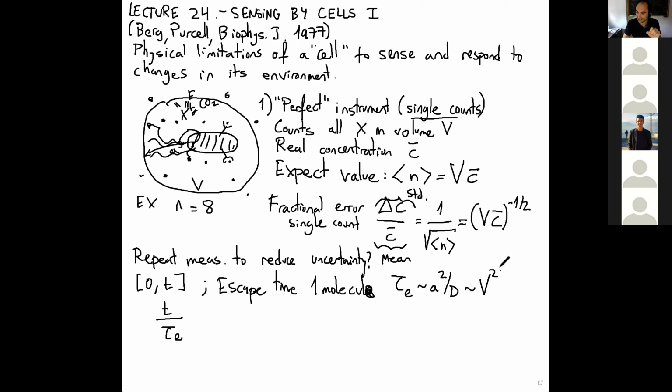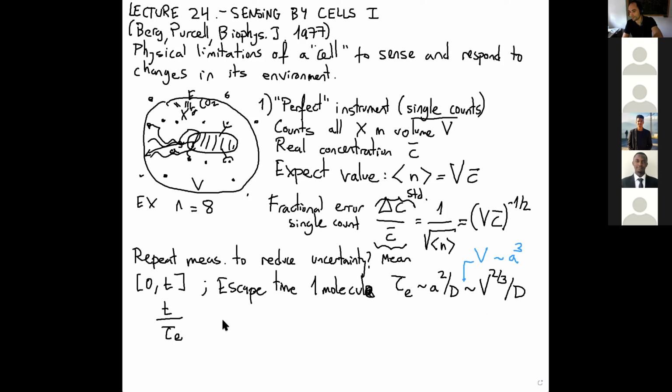So this is like volume to the 2/3 divided by D. Remember, here I'm using that the volume goes like A cubed. It's 4/3 pi A cubed. This is what I use here. So the time to escape for a molecule is like the volume to the power 2/3 divided by the diffusion coefficient. Okay, now, how many, sorry, you have a question?